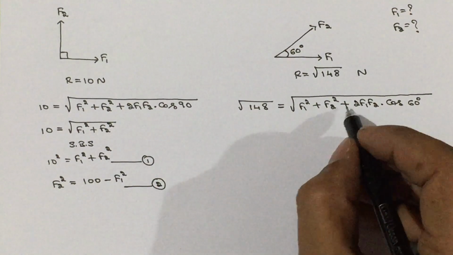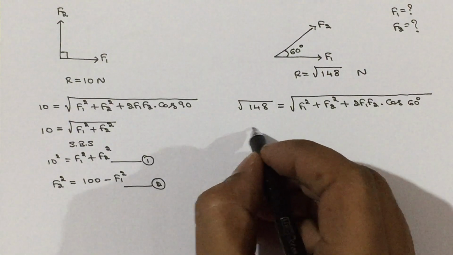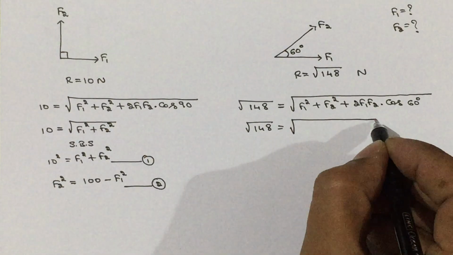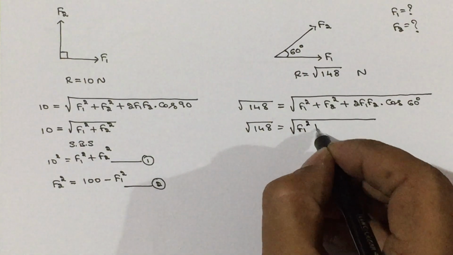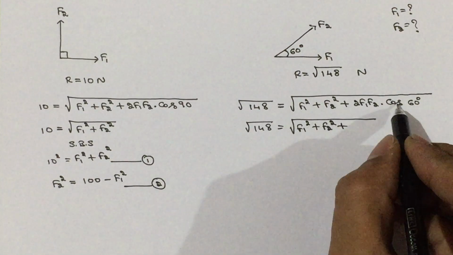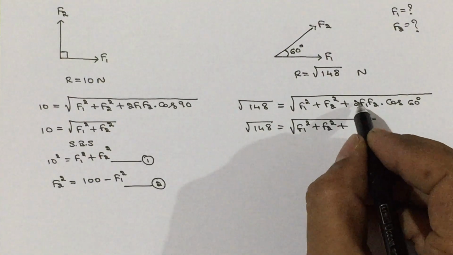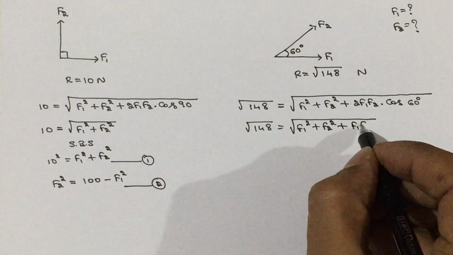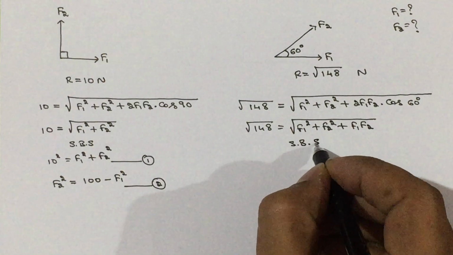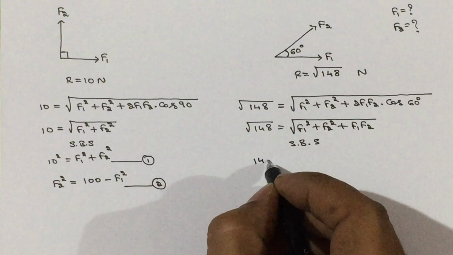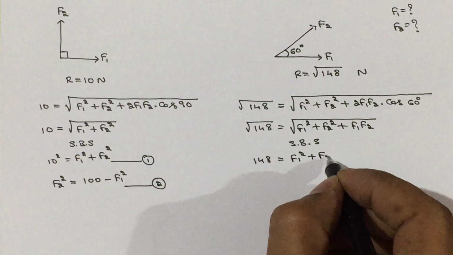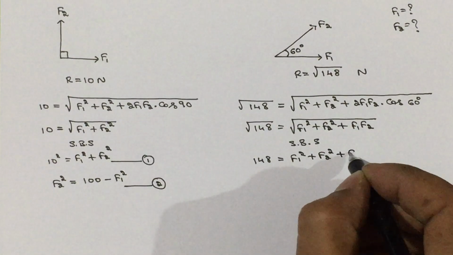If we write 1 by 2, the 2s get cancelled, we are left with square root of 148 equal to square root of F1 square plus F2 square plus F1 F2. So, squaring on both the sides, we are going to get 148 is equal to F1 square plus F2 square plus F1 F2.